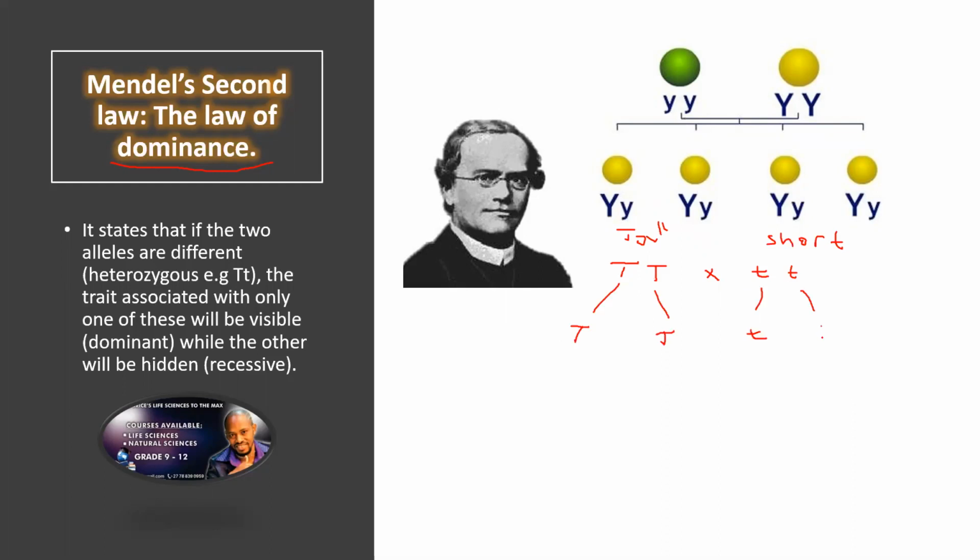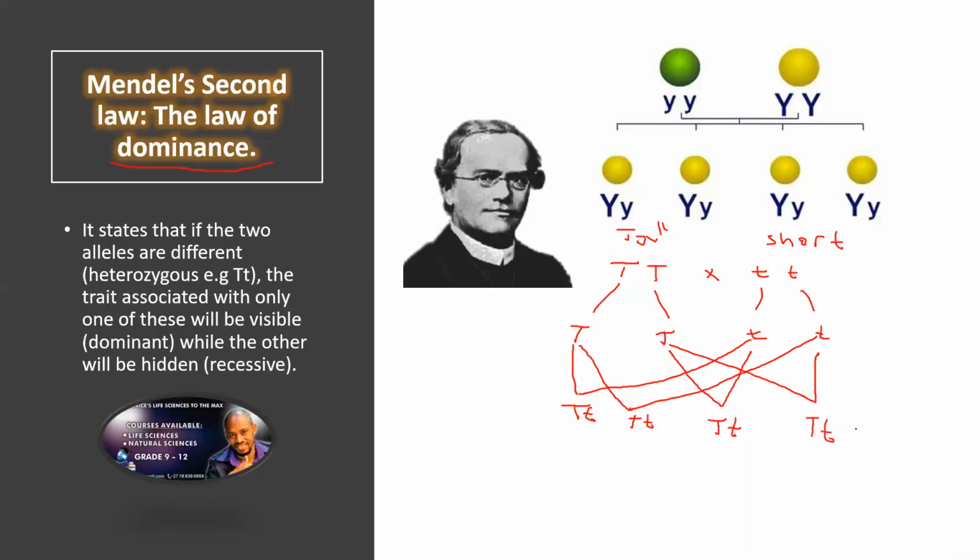And when they were crossed, the offspring that were born, this is going to be the first generation offspring. There are four possibilities here, or four possible outcomes.